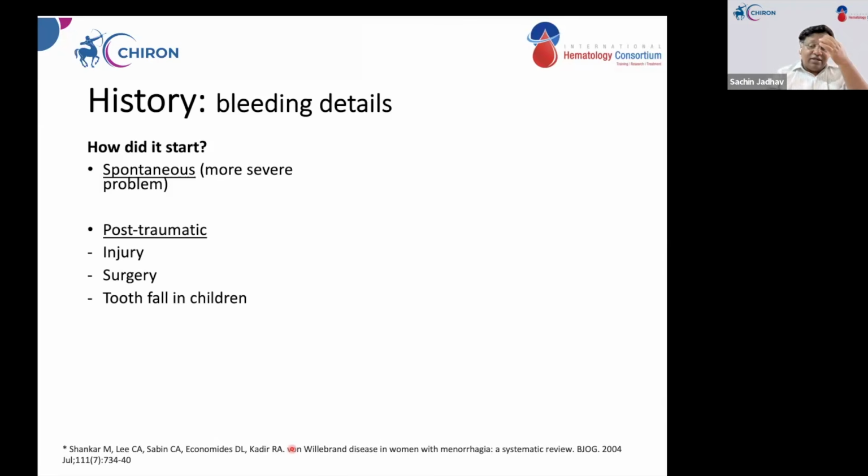In children who have coagulation issues, they often first present with excessive bleeding after tooth fall, the deciduous teeth, right? Or after some dental procedure. And finally, remember, in women, pregnancy and labor are major hemostatic challenges.